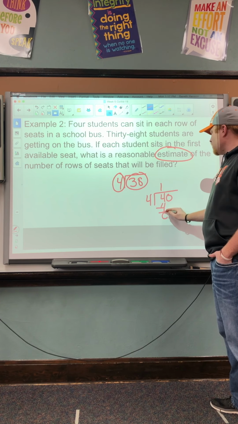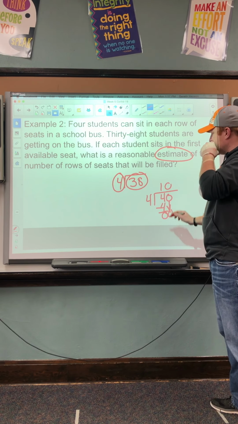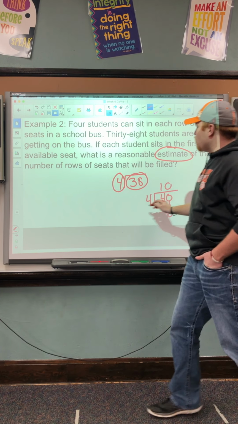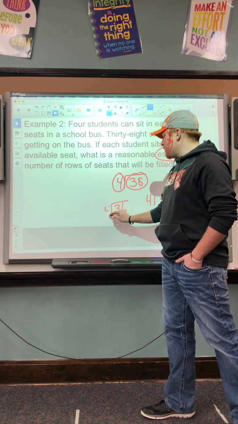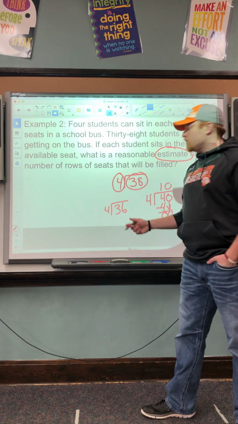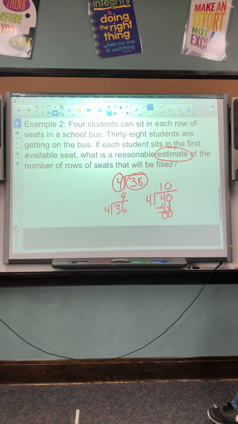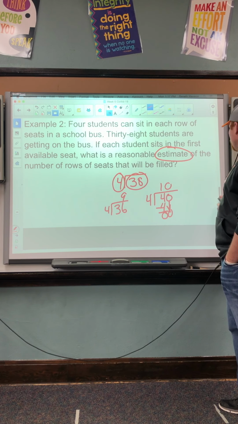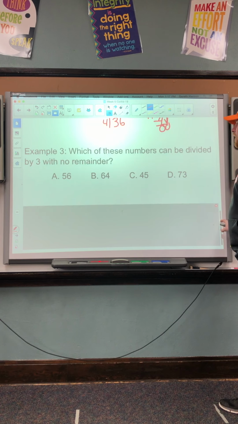Subtract. You get 0. Bring down the 0. 4 goes into 0, 0 times. You could go 40 or you could go 36. 4 times what is 36? It'd be 9. Either way, both options work, whatever you feel comfortable with. And then don't forget your label.